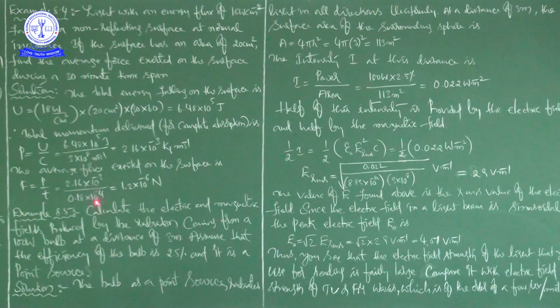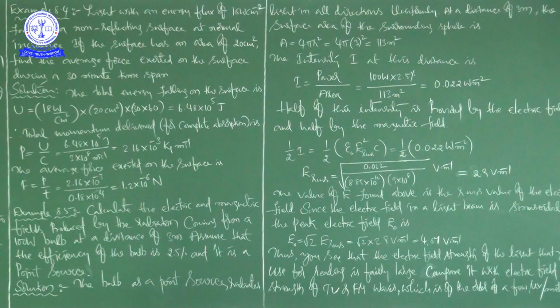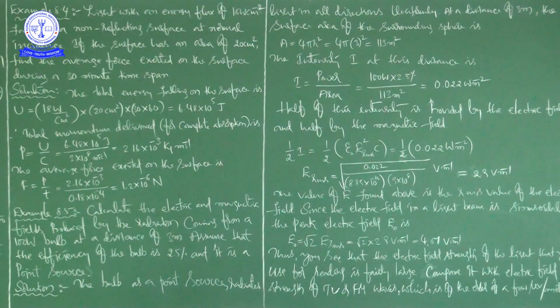So it is 10 to the power of 4 in the denominator; when it comes to the numerator, it becomes 10 to the power of minus 4, giving a factor of 10 to the power of minus 7 in the numerator, and 2.16 by 0.18. Anyhow, if you do this mathematical division, we get the average force exerted on the surface as 1.2 into 10 to the power of minus 6.